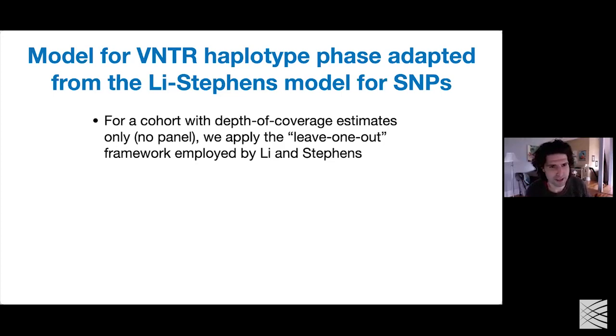So for a cohort with depth of coverage estimates only and no panel, we applied the leave-one-out framework that is usually employed in Li-Stephens SNP phasing, namely in this strategy, you start with a randomly chosen phase for the entire cohort and then cycle through the individuals in the cohort, rephasing each one individually using the rest of the cohort as a panel. The hope is that you converge to a sensible answer, and specifically the strategy is iteratively seeking to maximize the so-called product of approximate conditionals.